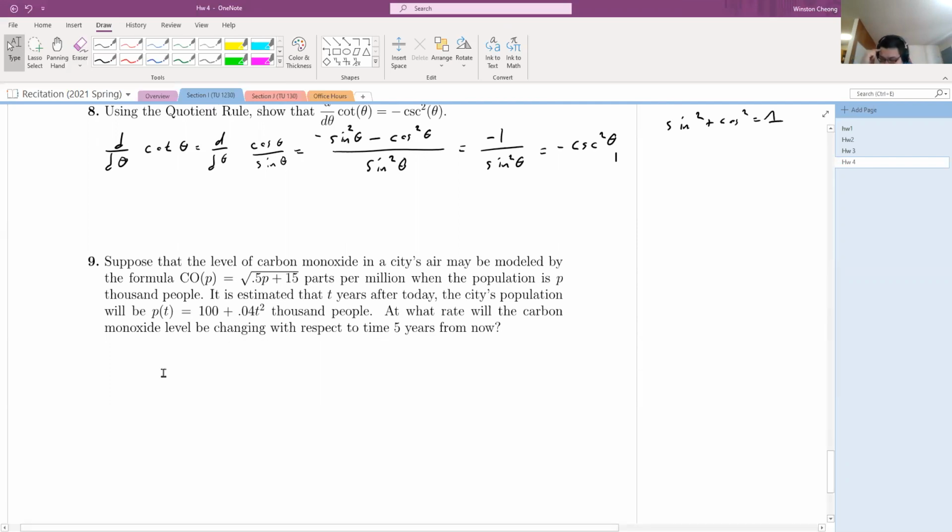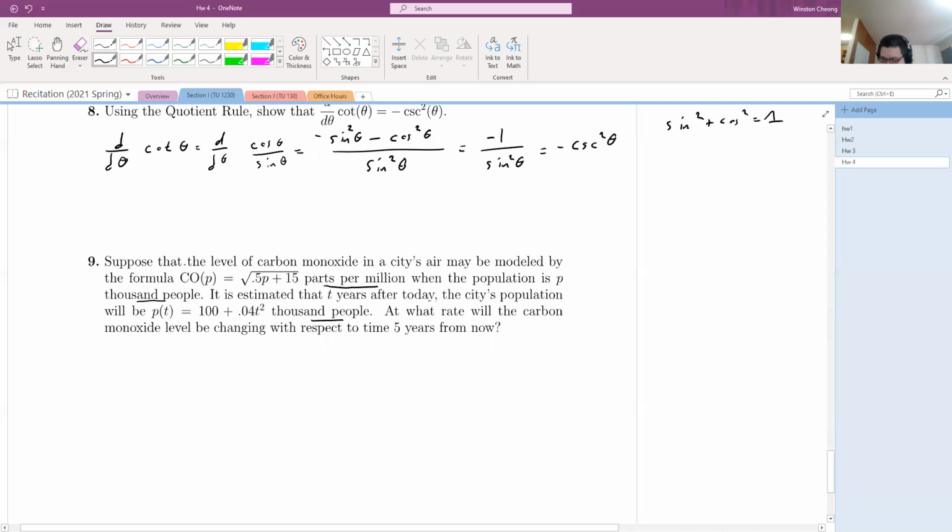Okay, well, this function, actually I had to do a couple times because it's a bit more involved. The units for this problem, that's the first thing that you need to notice and keep track of. Thankfully, there's no conversions that are necessary. The population is in thousands. This is measuring parts per million, but thankfully P of T is also measuring thousands of people, so you can just feed it right into the carbon monoxide function here.